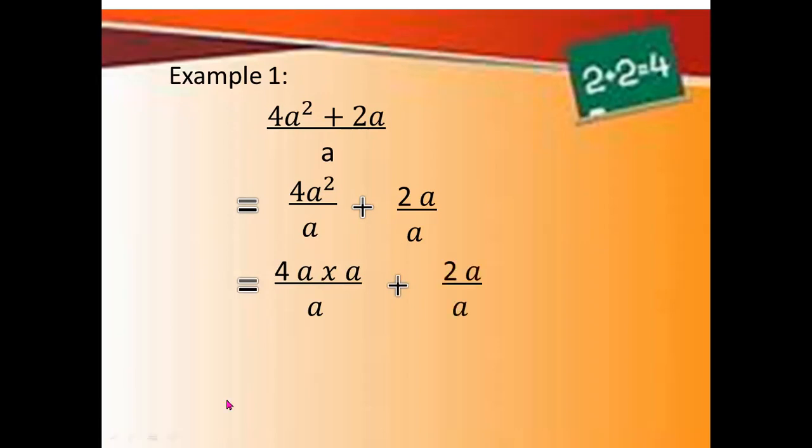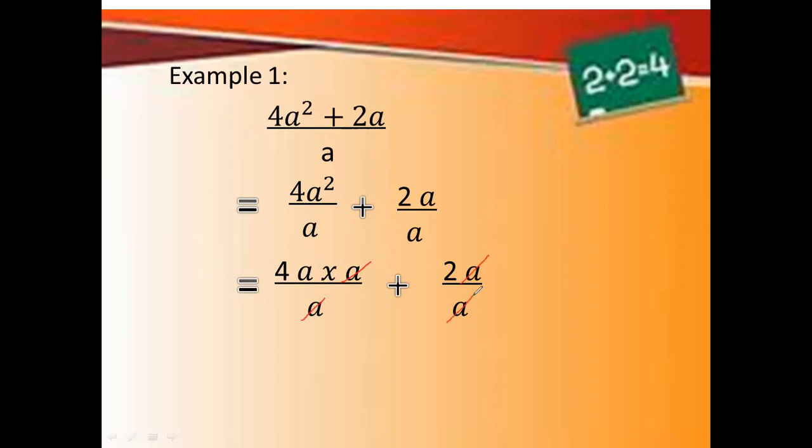Now, as you can see in there, we can cancel out so that we can simplify. So we have here a and a. And then we have also a and a.